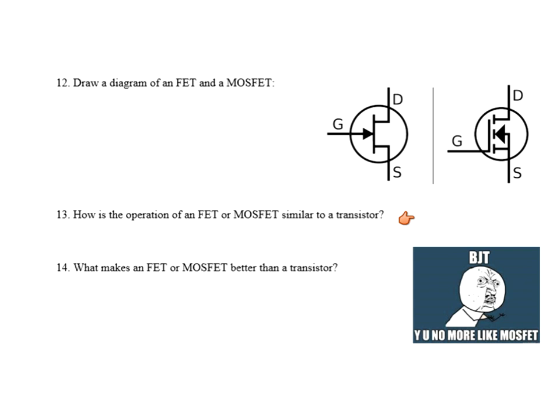Now, what makes it better? Well, one thing is a MOSFET does not amplify changes in current on its controlling terminal. It amplifies changes in voltage. It doesn't need current.